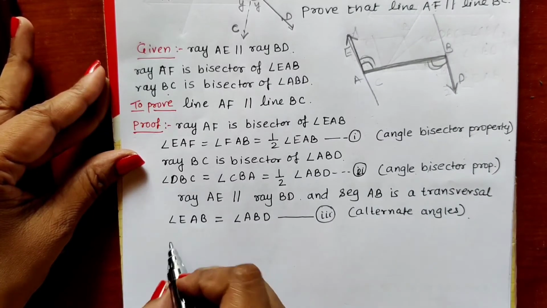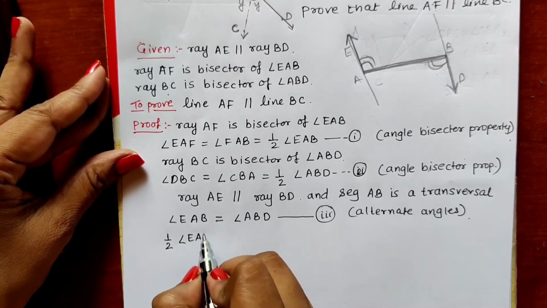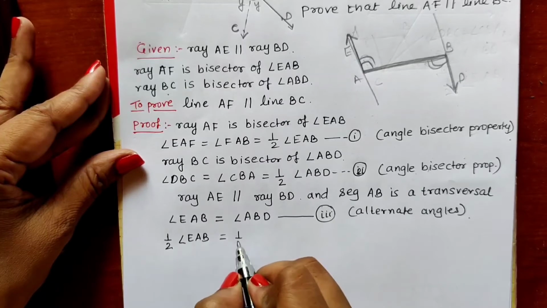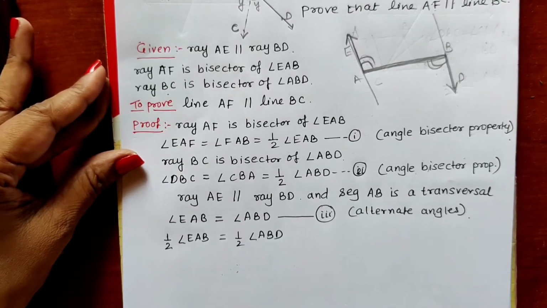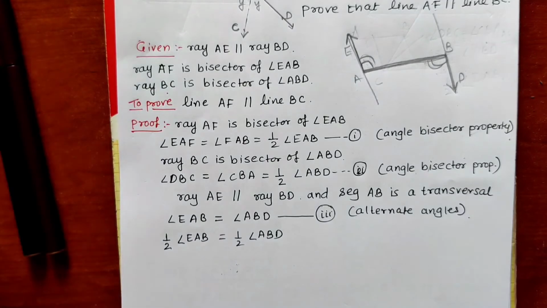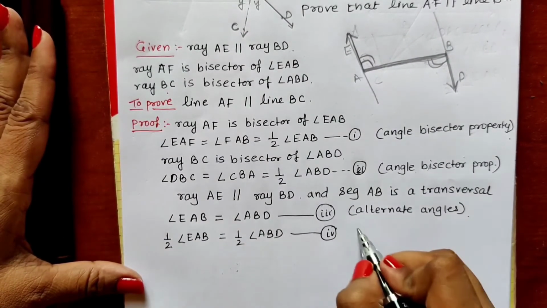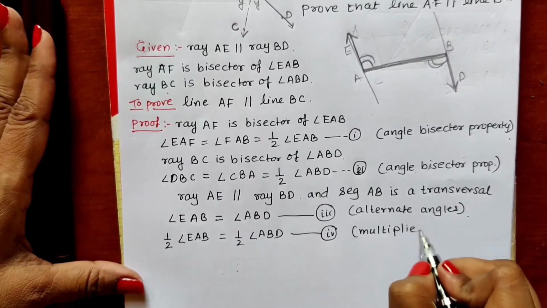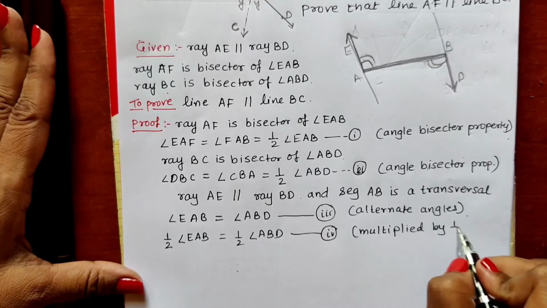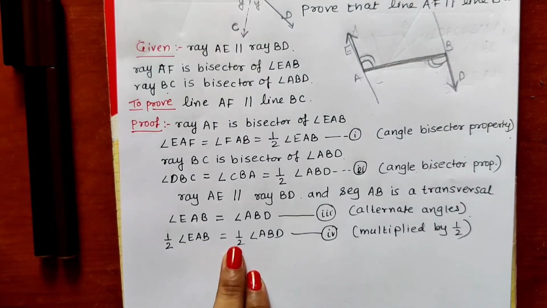If I write half in front of these two angles, half angle EAB will be equal to half angle ABD. That means I have multiplied by half, and I have got half angle EAB is equal to half angle ABD.